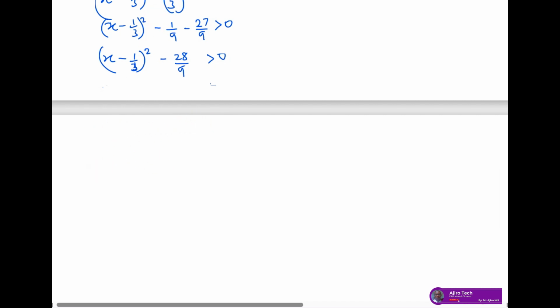Now, what I should have done instead is to see this as a square, a root of the square. So I need a difference of two squares there. So x minus 1 over 3 squared minus the square root of 28 over 9, all squared, greater than 0.